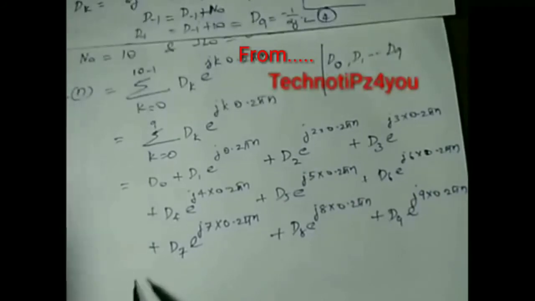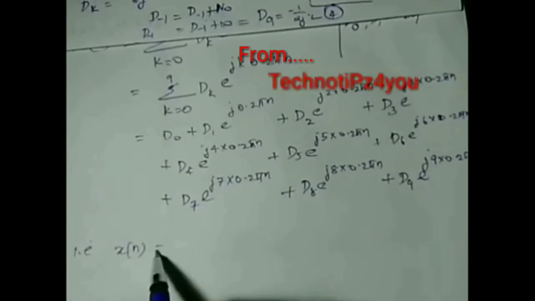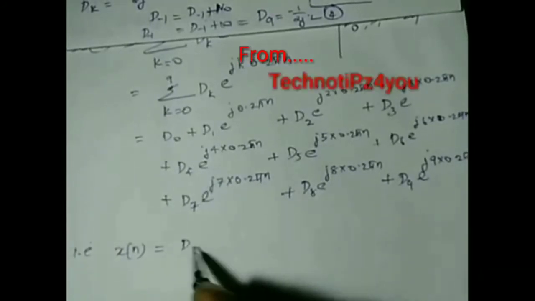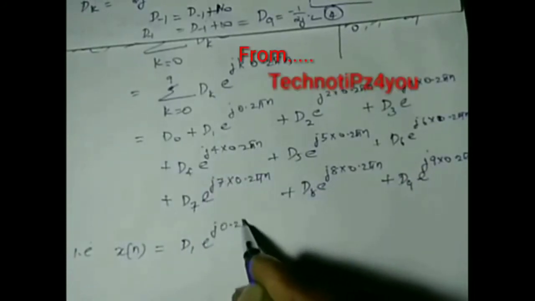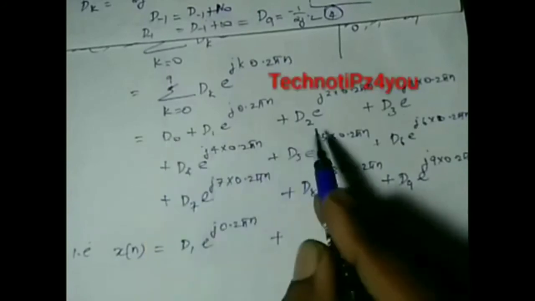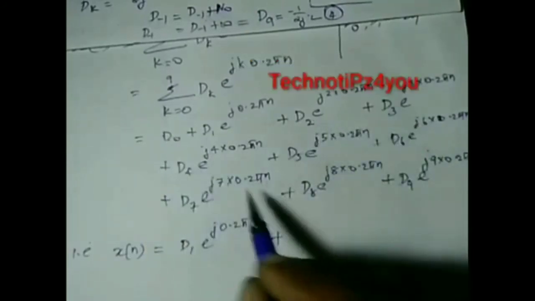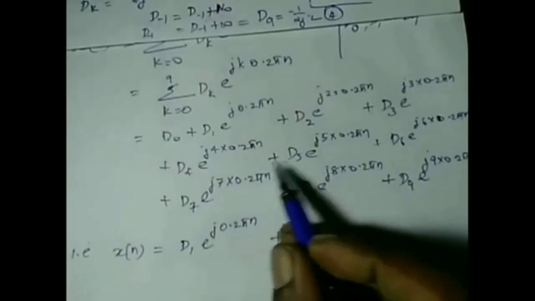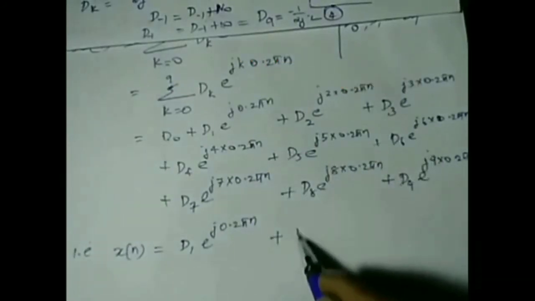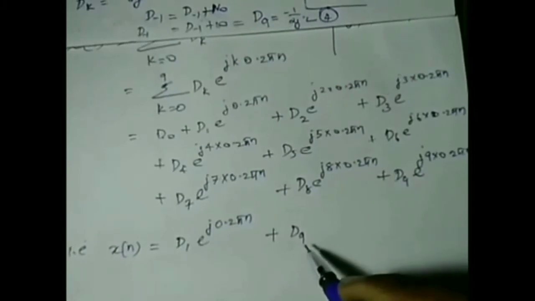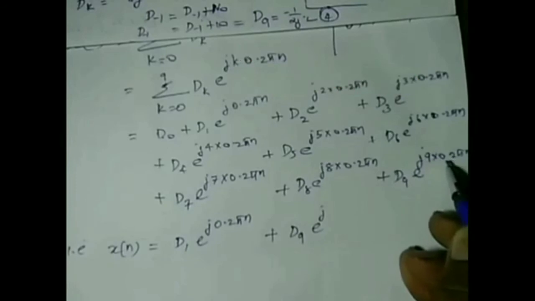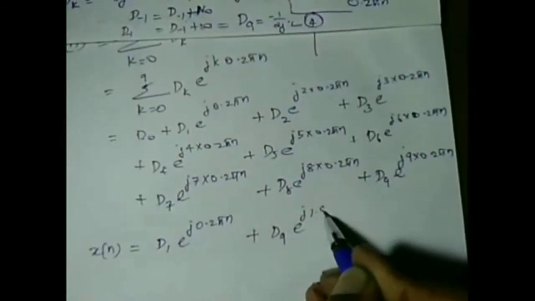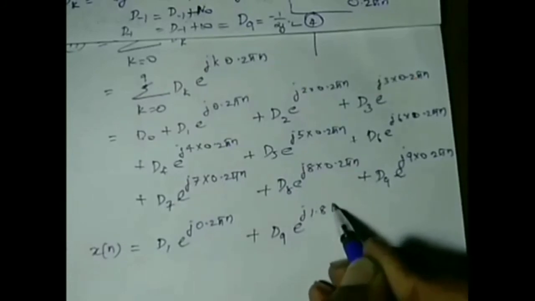So the given signal x of n changes to d1 e raised to j 0.2 pi n plus d0, d2, d3, everything is 0, so I'm not going to write 0 plus 0 plus signs. Finally we have d9 e raised to j 9 into 0.2, which means 1.8 pi n.